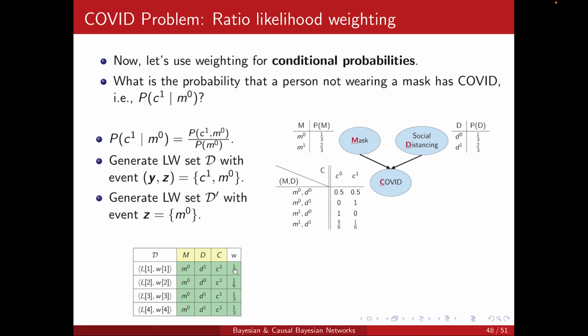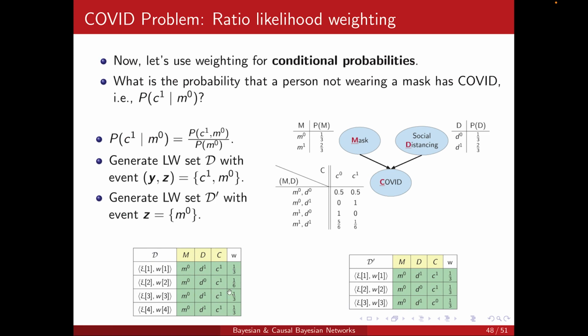calculate the weight. But then for this one, you may say, why don't we use the same one to calculate Z? Well, if we do that, then for example, we don't get to sample C, right? It's set to C1, whereas here it's free. It can be set to C0. So we need to redo this sampling, at least based on this method, and we obtain another data set.